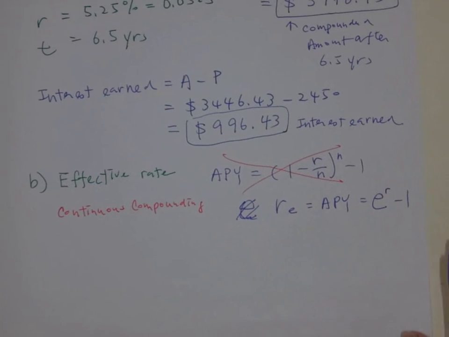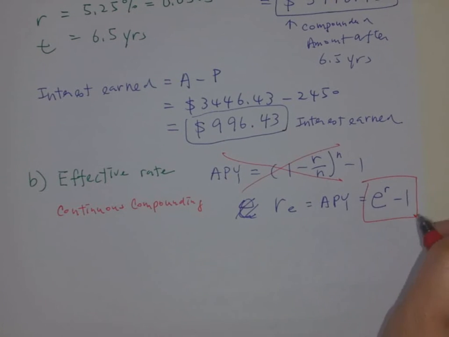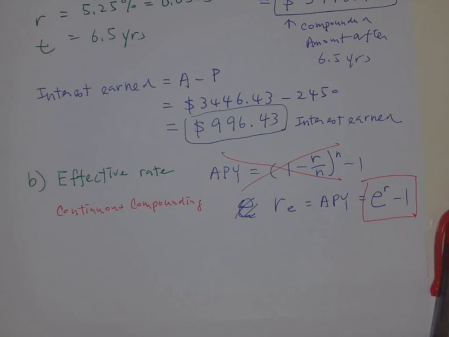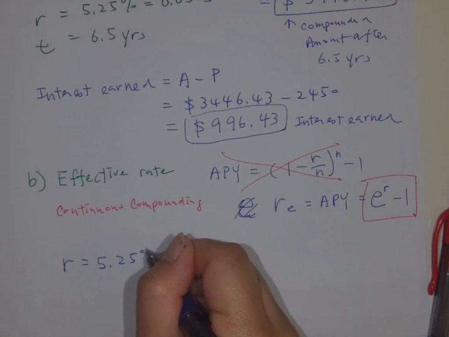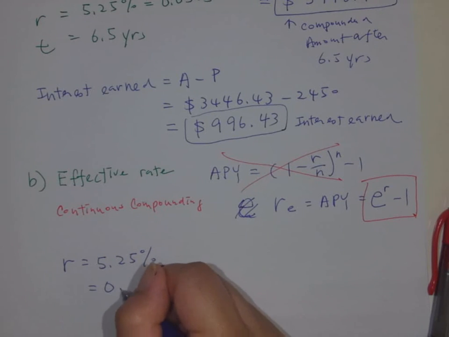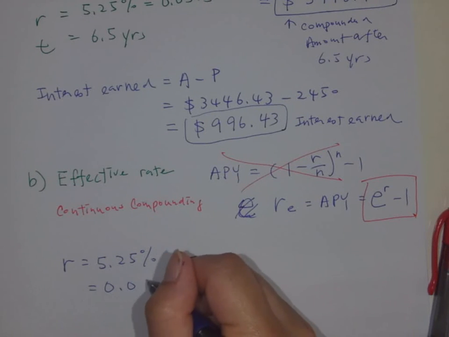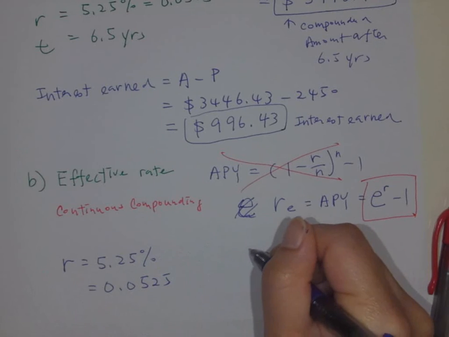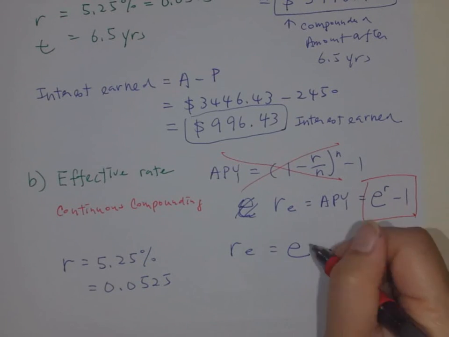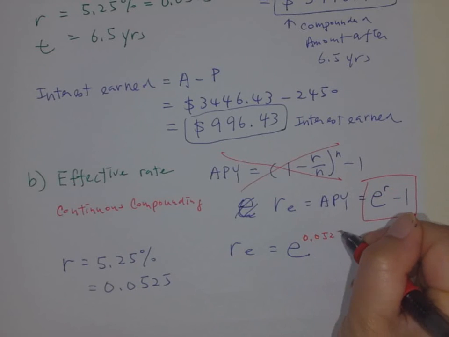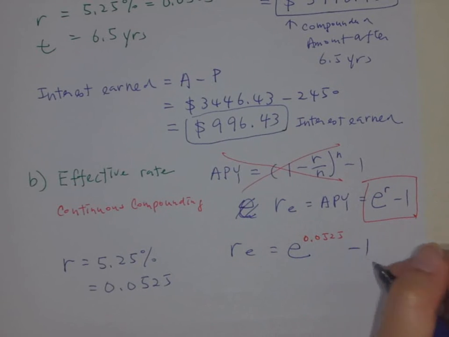Okay, so we're looking for this formula, and the information we have is the interest rate was 5.25%, which you change to a decimal number, 0.0525. So we plug it in there. e raised to 0.0525, and I need to subtract 1.